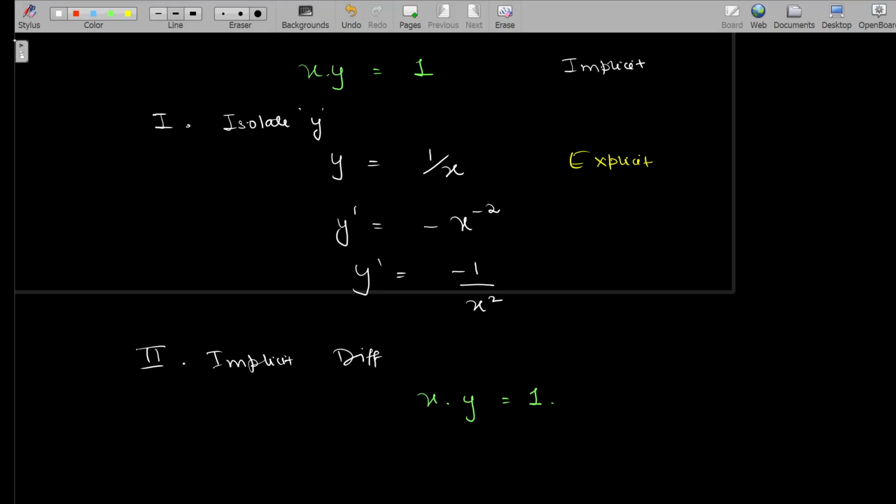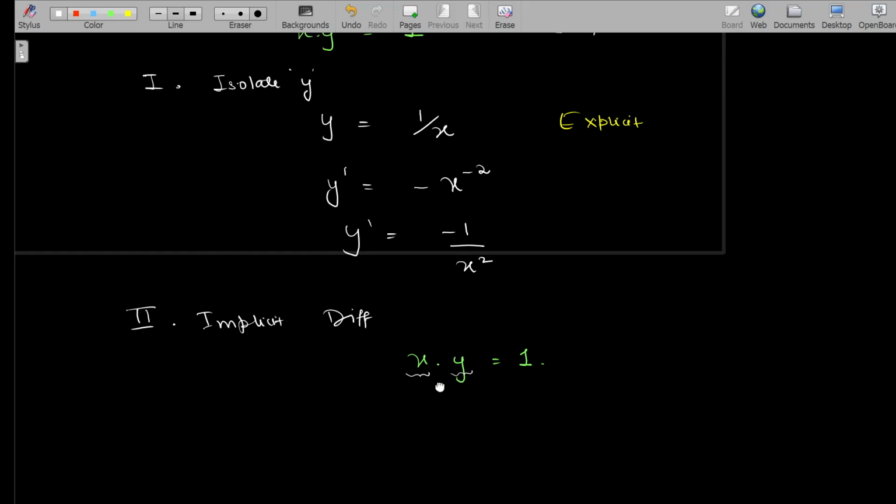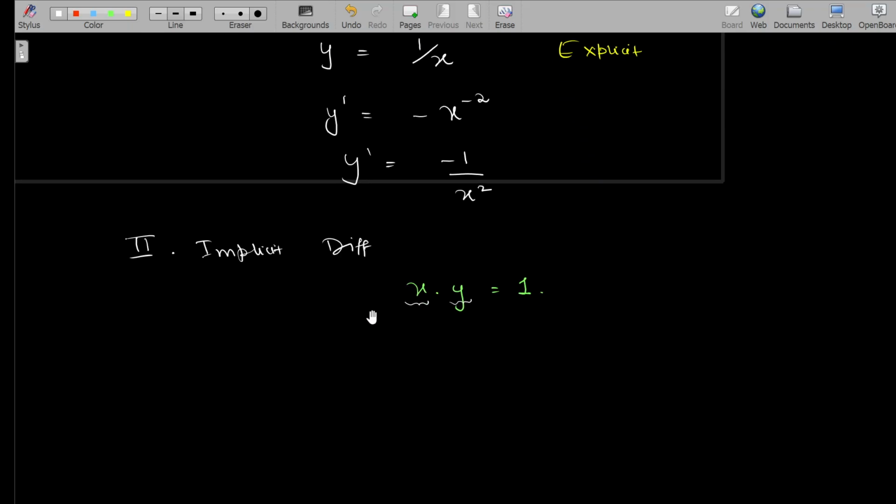You just have to apply the product rule. Consider x as a function and consider y as another function, and just apply the product rule. So what was the product rule, Anika?